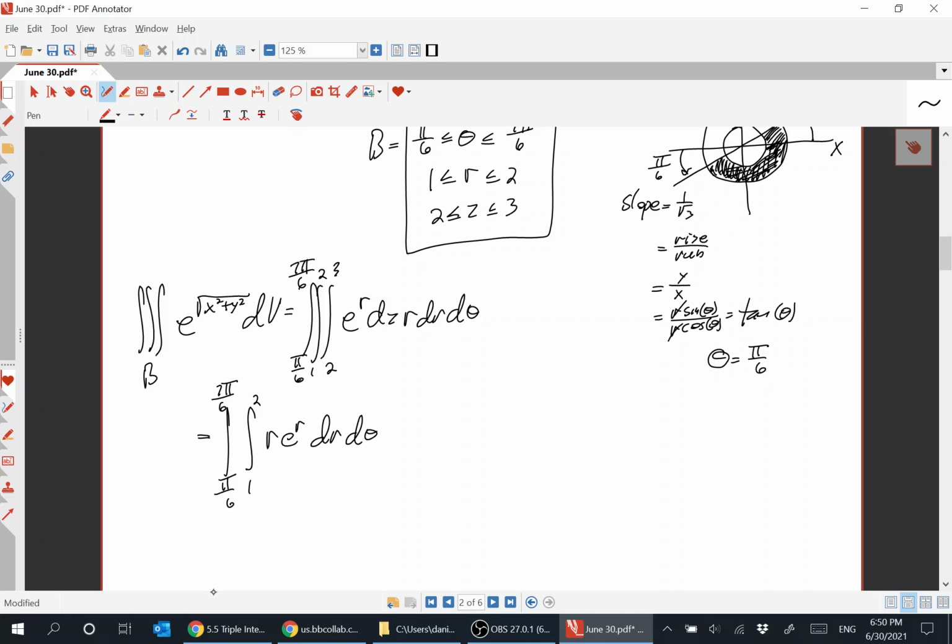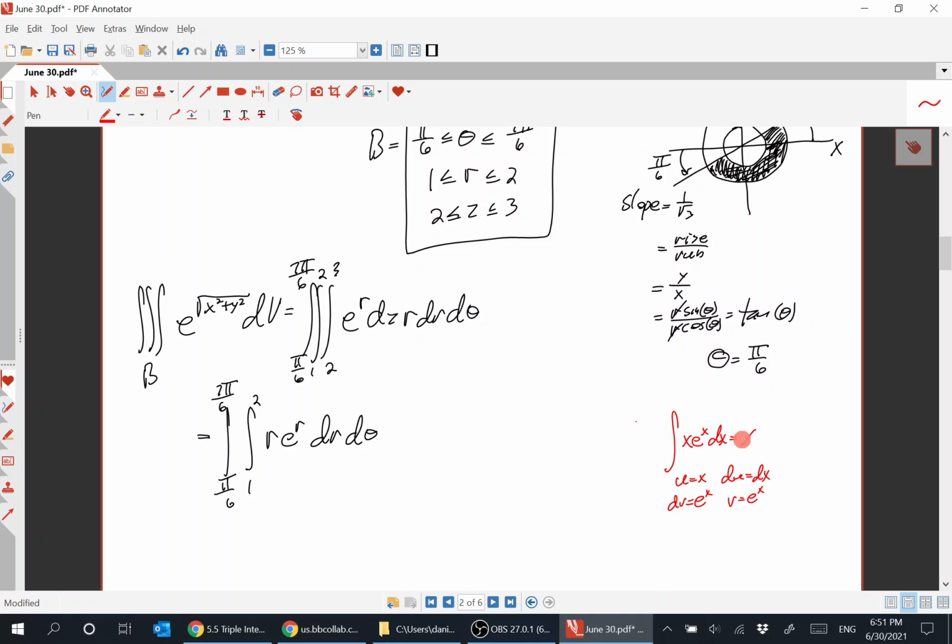How do you deal with that one? That one you have to use integration by parts. I'm going to do it off to the side here to save a little space. So u is the polynomial x, dv is e to the x, du is dx, and v is e to the x.